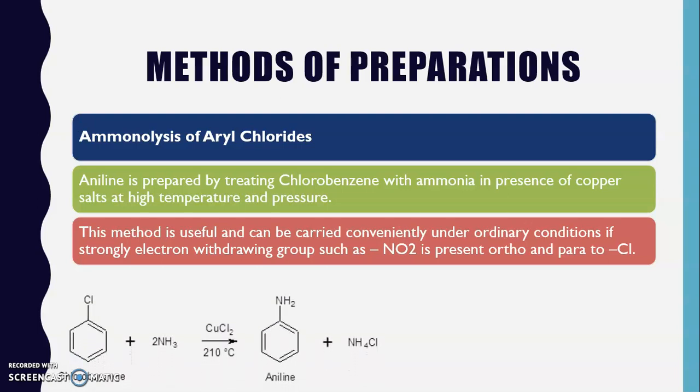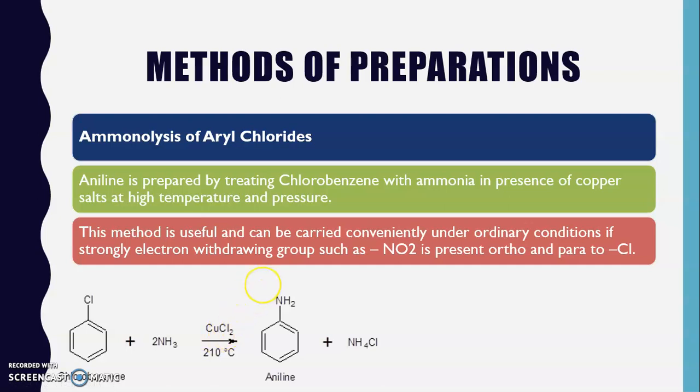For example, here you can see. Now, what is this statement? Here we are going to prepare aniline by treating chlorobenzene with ammonia. Here we are going to use high temperature as well as pressure, because you see here 210 degrees Celsius is used as the temperature. Also we are going to use copper salts, copper chloride, as a catalyst.